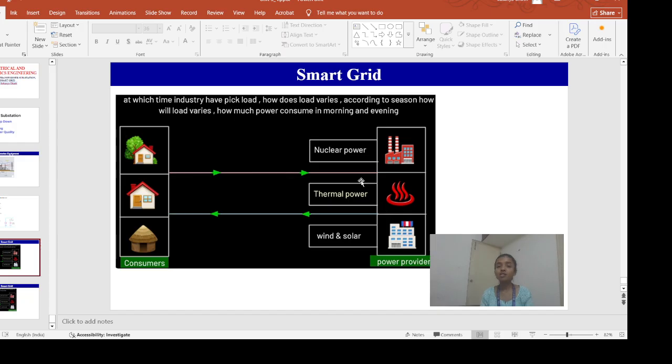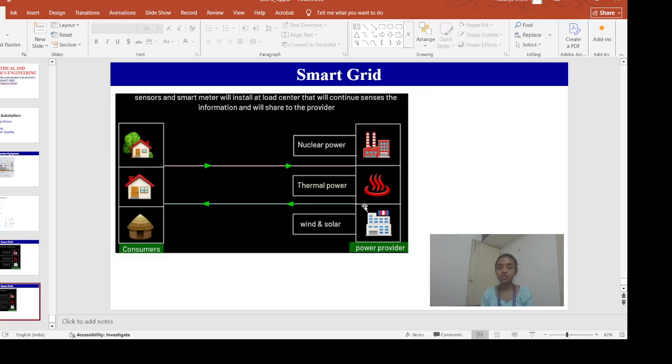Based on at which time the industry is having peak load, how the load varies according to season, how much power is consumed in morning and evening, the load will be sending information to these electricity providers.